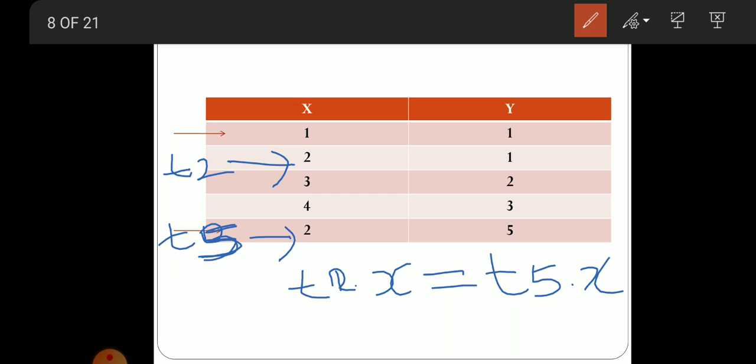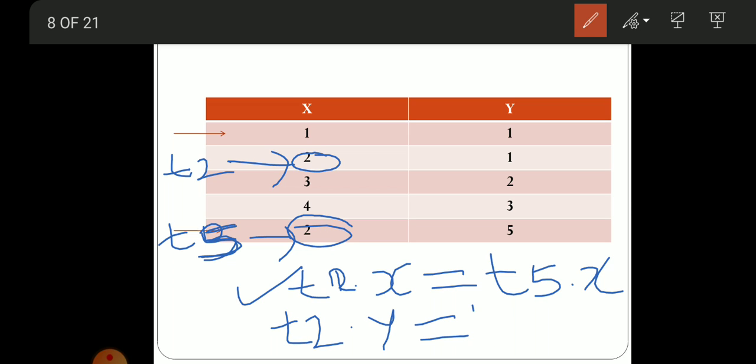First check this: the x of tuple number 2 and the x of tuple number 5. Both are equal. If this condition is true, then we have to follow the second condition, which would be t2.y equals t5.y.